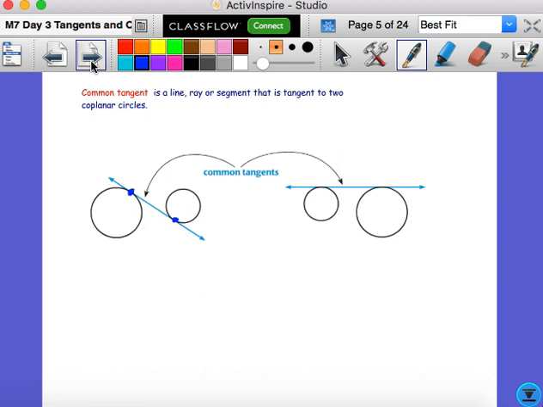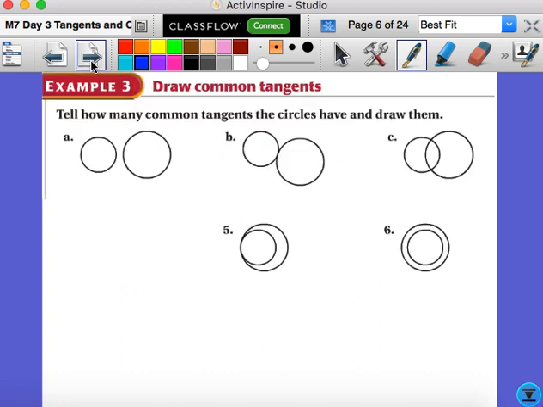If you look at these, there are multiple common tangents that we could draw. For this one, we could draw another common tangent here. We could also draw it through the interior so that we're touching here and here, as well as this way, from here and here. So there are lots of different ways that we can have a common tangent.